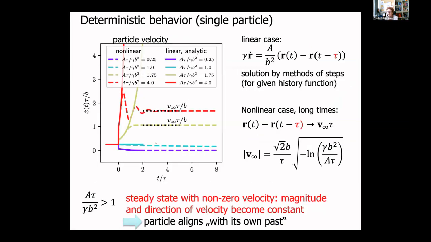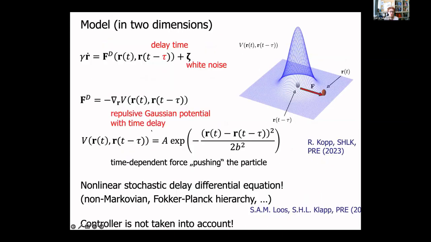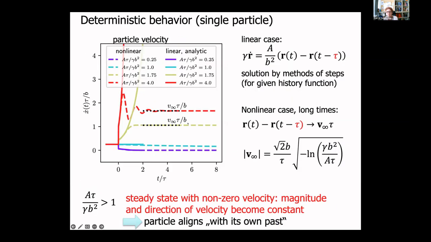So to get some idea, we first looked at the deterministic behavior, just a single particle. In the deterministic case, it turns out, if you look at the particle's velocity plotted as function of time, that there are different regimes. If that feedback strength, I'm going back here, this parameter a here is rather small, then basically nothing happens.